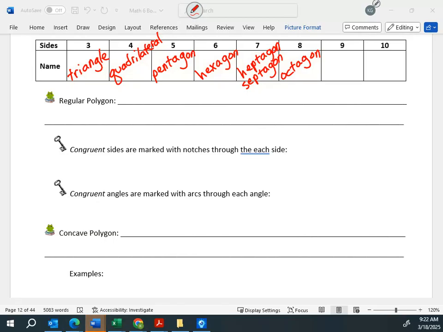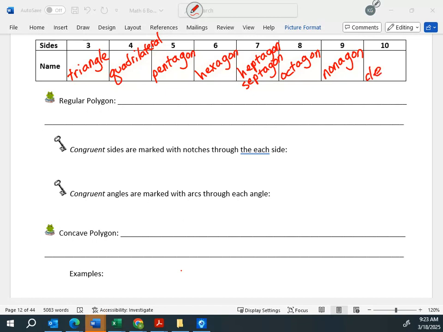9-sided. Nonagon. Non sounds very similar to 9, so that makes sense. What about 10-sided? Emma? Decagon.